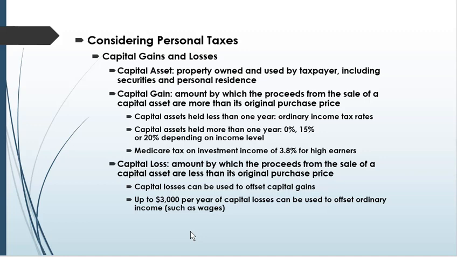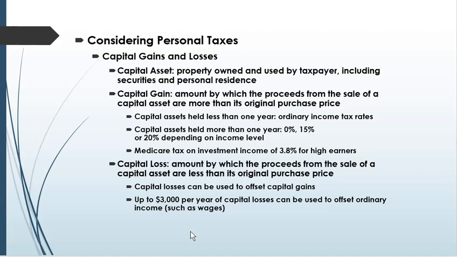Capital assets that you hold for more than a year are either taxed at 0, 15, or 20%, depending on your income level. So again, if you're being taxed at a 39% tax bracket for your wage income, you're probably going to be taxed at 20% for capital assets long term.